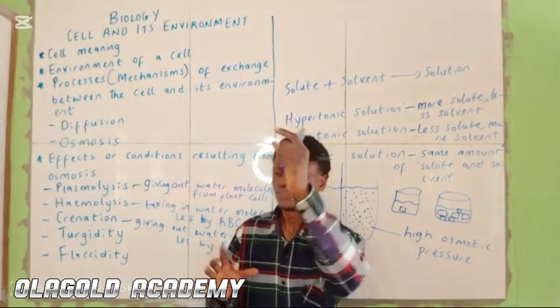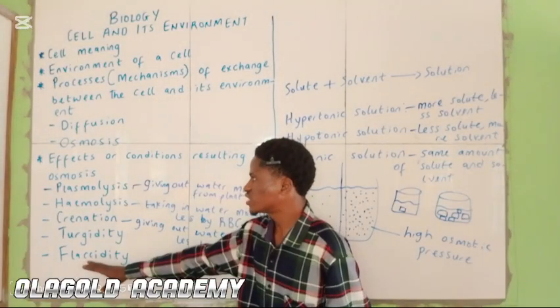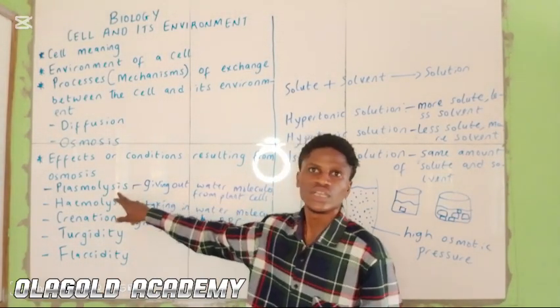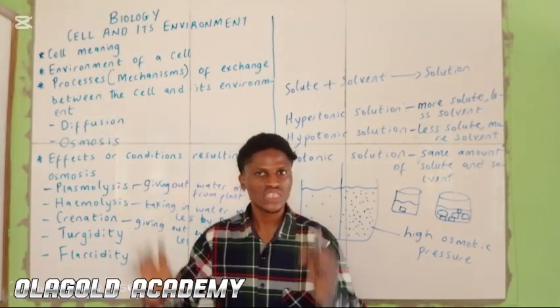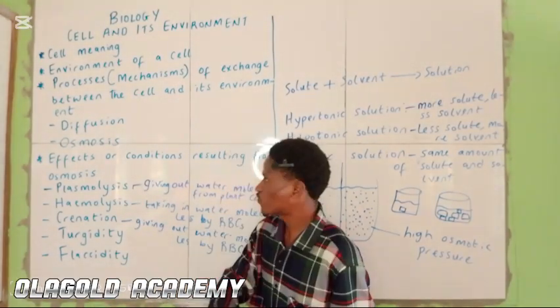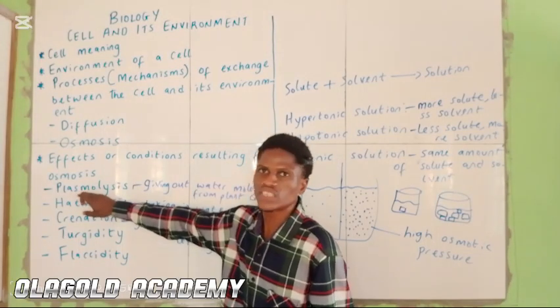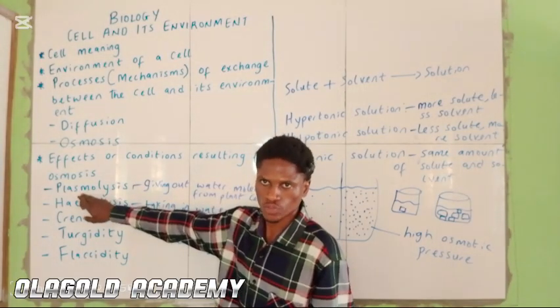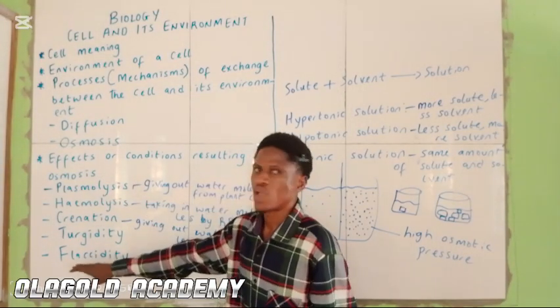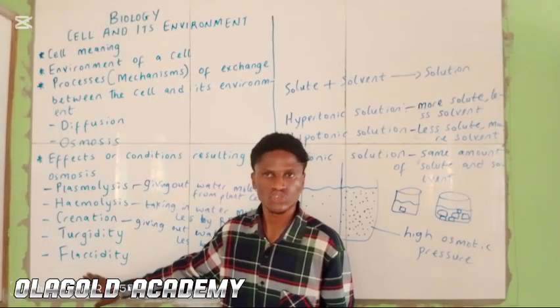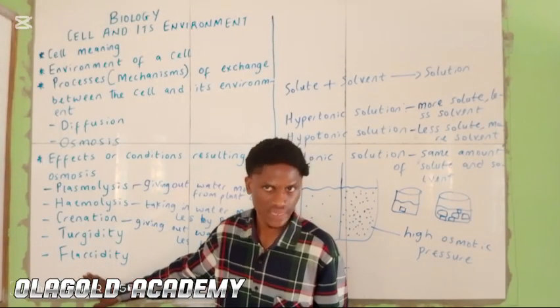So the difference between flaccidity and plasmolysis is the condition in which both take place. Plasmolysis occurs when placed in a hypertonic solution. But flaccidity occurs during drought or during dryness.